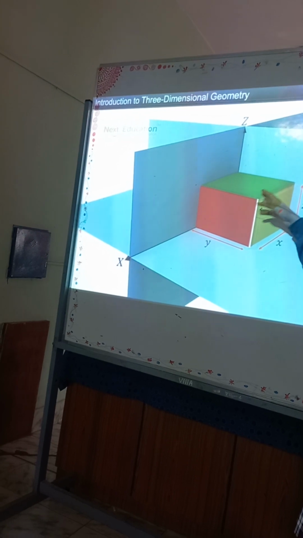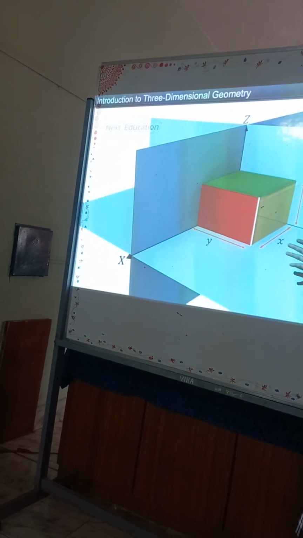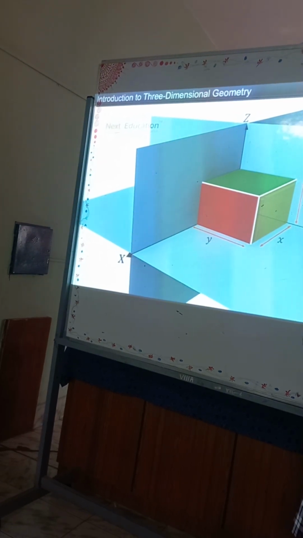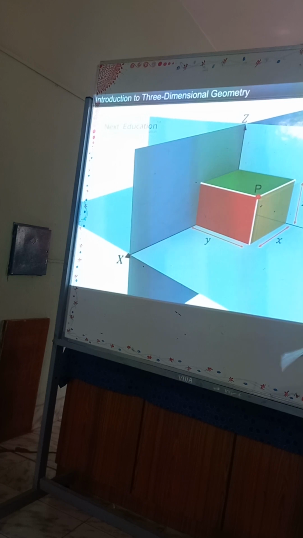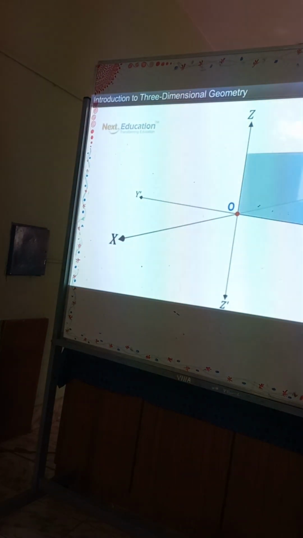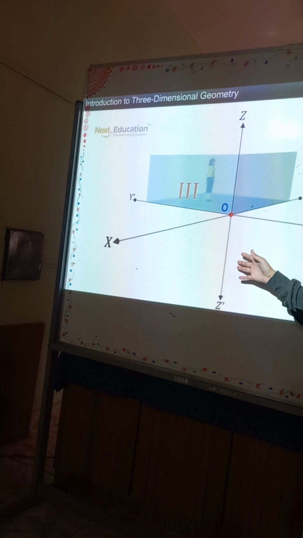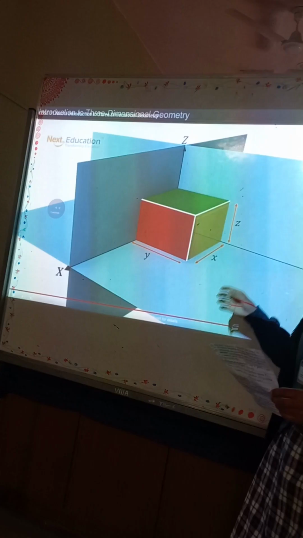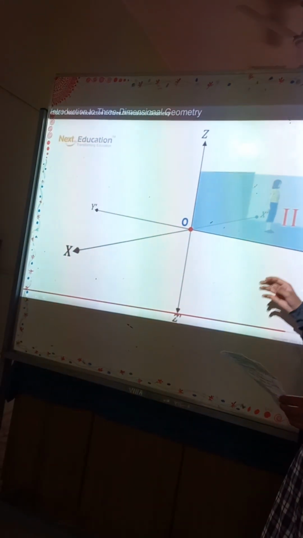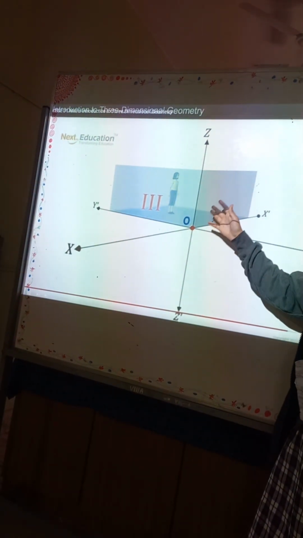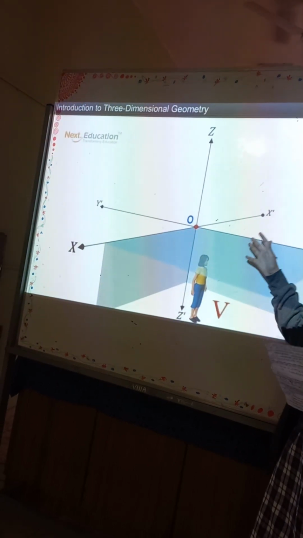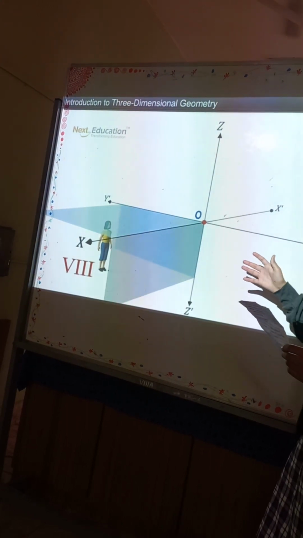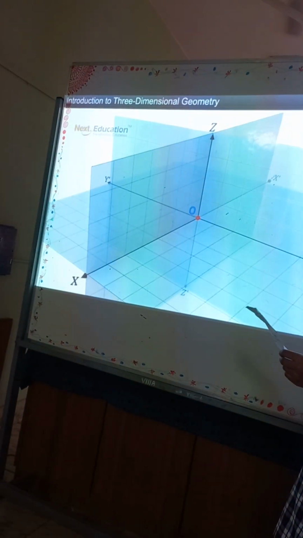Similarly, these three planes intersect each other to form three mutually perpendicular lines, and the point of concurrence of these lines is the required point P. Now, the coordinate planes divide the coordinate space into 8 octants. The signs of the coordinates decide the position of a particular point in a particular octant.